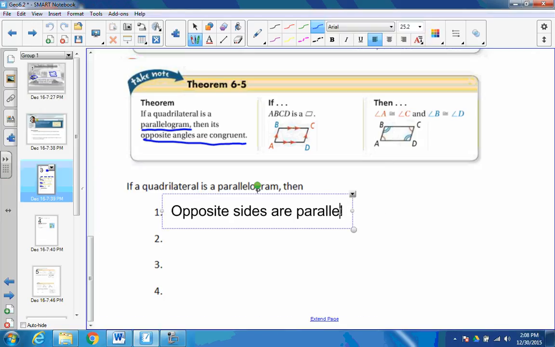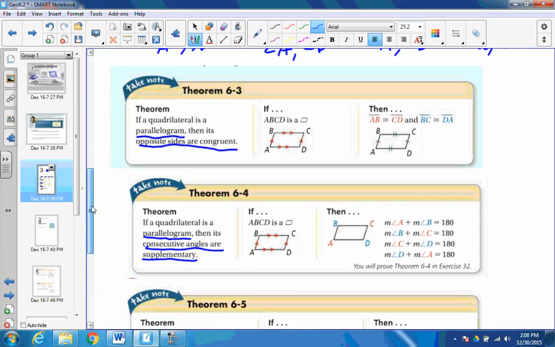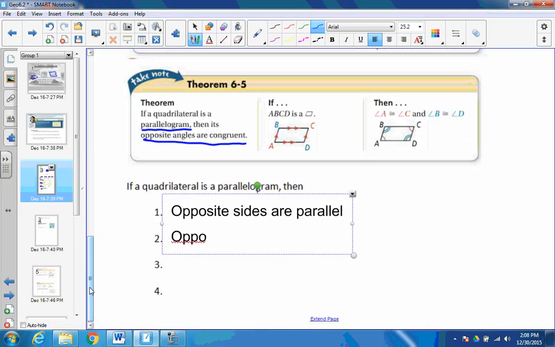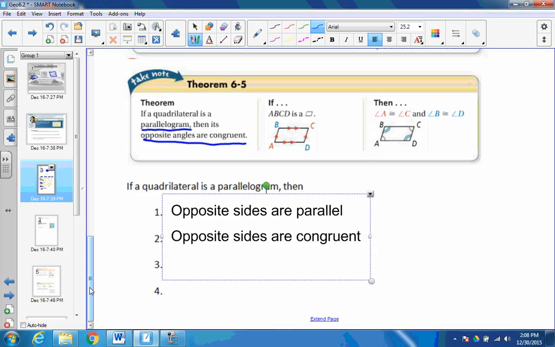All right. Next thing we can say, opposite... well, let's look at the theorem. Did we say opposite sides are congruent? Next thing we can say, consecutive angles are supplementary, meaning they add up to 180 degrees.